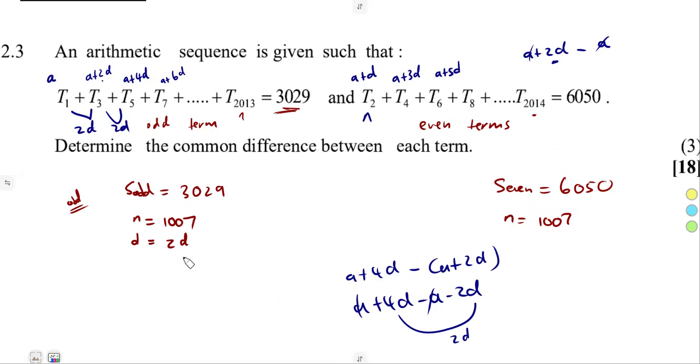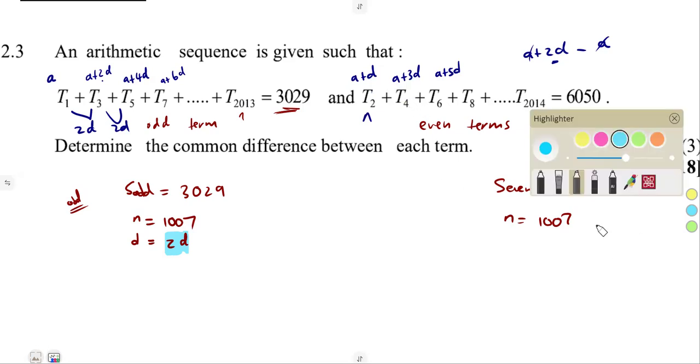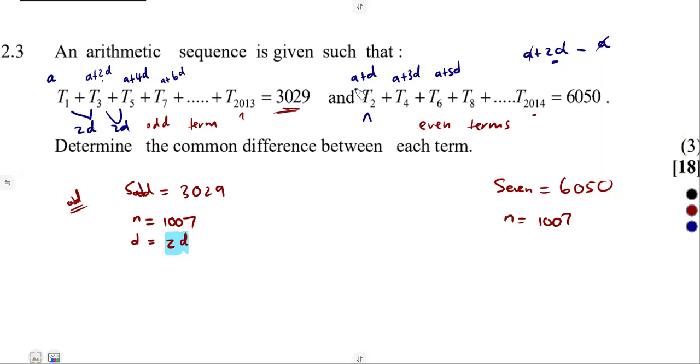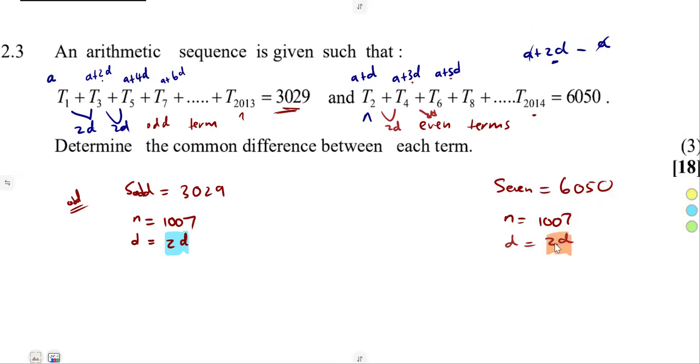That's the same thing even for the even terms, because they'll be separated 2 units from each other: 2, 4, 6. 3D minus D is 2D, because the A and the A will cancel. 5D minus 3D, a difference of 2D again. So even here, our difference is going to be 2D. So noting these is important.